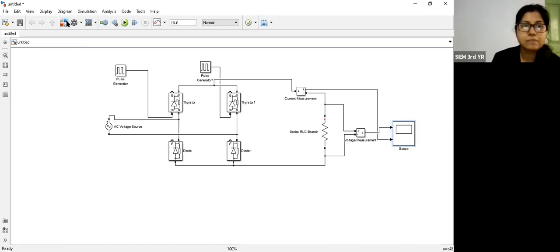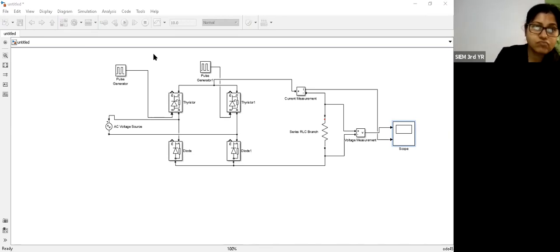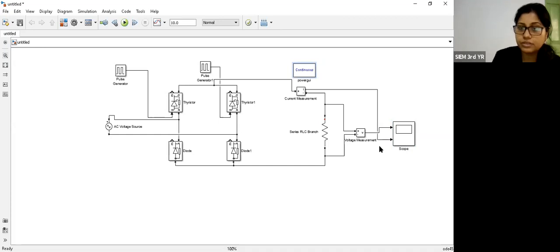Now we want another block, and that is called the continuous block. What is the purpose of this continuous block?